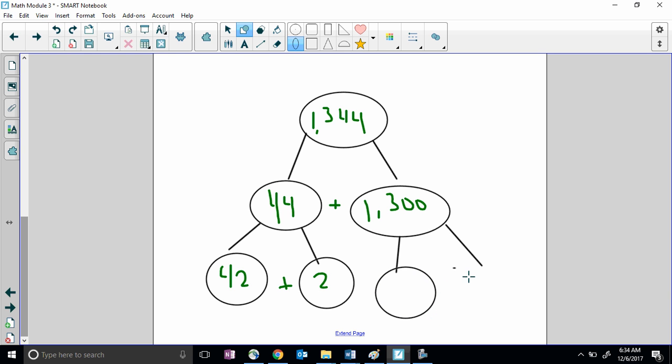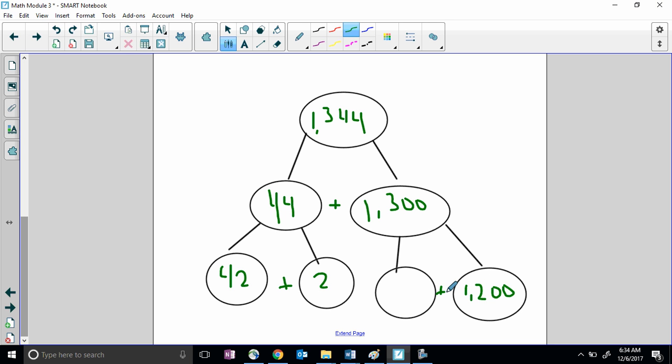Note that I'm just drawing one circle at a time. I'm not trying to draw all of them at the same time because that'd be crazy. Then I broke this down into 1,200 and 100 because that's what ends up giving me this. So when you add up all of these, you'll end up getting this big number up here.